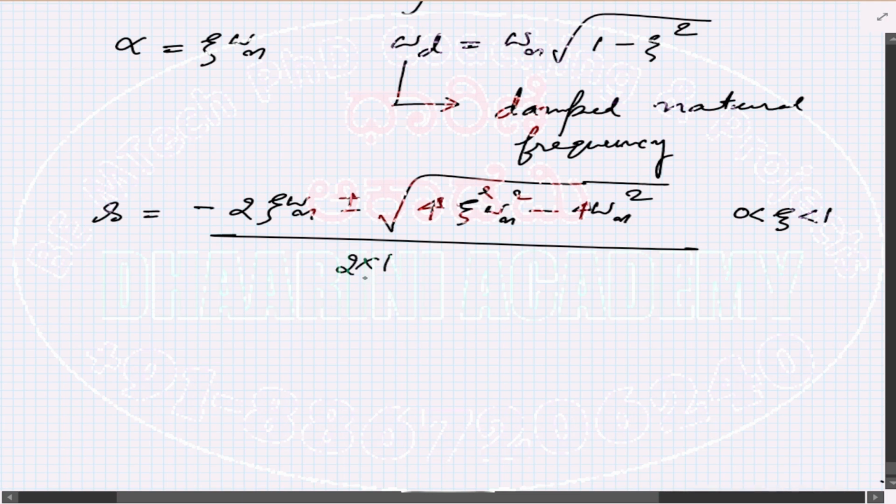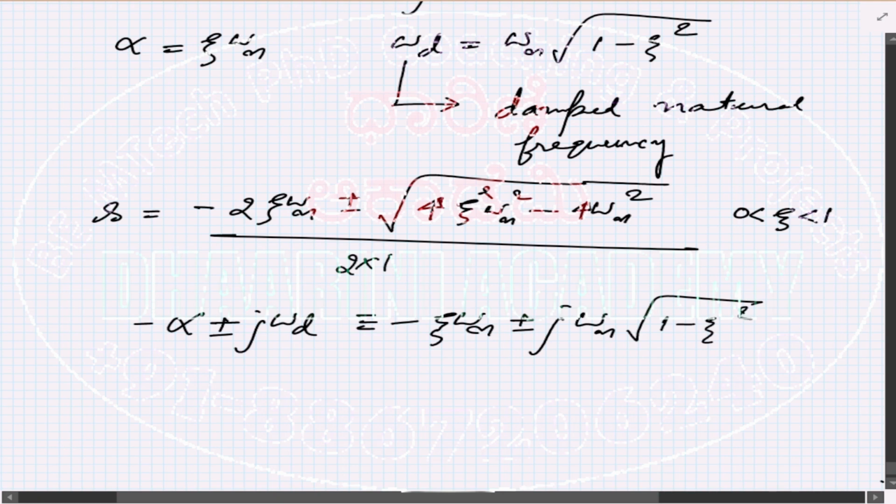Okay, fine. Now let's look at the above term. So I got alpha plus or minus j times omega d, which is nothing but minus zeta omega n plus or minus j times omega n into root of 1 minus zeta square.